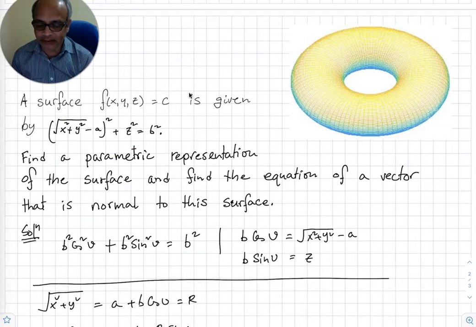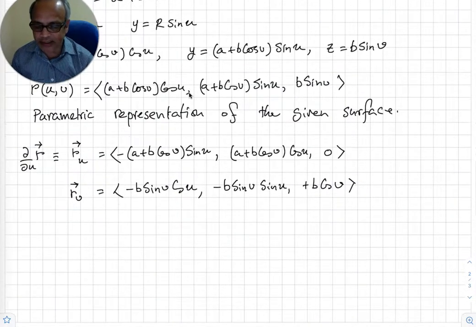You can differentiate 2 times this quantity to the power 1, and then use the chain rule and so on. Compared to that, in the parametric representation, the differentiation is easier. Also, from a function of 3 variables, in the parametric representation it becomes a function of 2 variables. So you don't have to differentiate with the third variable. So your work is also reduced.